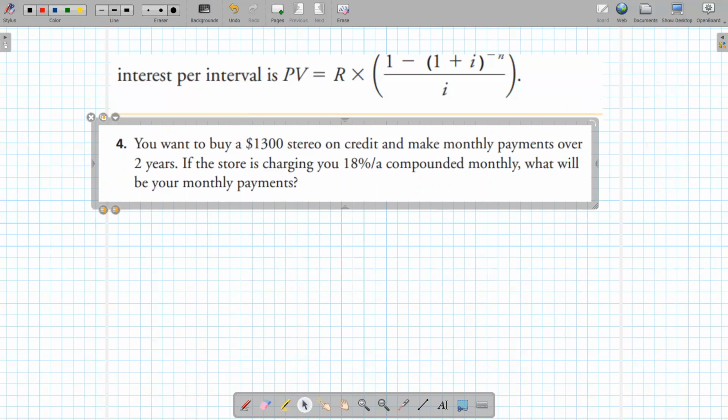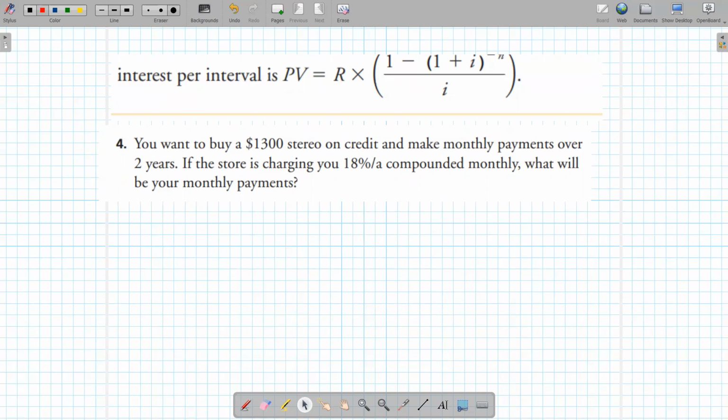Okay, look at this question. What's given? You want to buy something today, and you're very stubborn about it. And then you take a credit. What does that mean? Is that FV or PV?